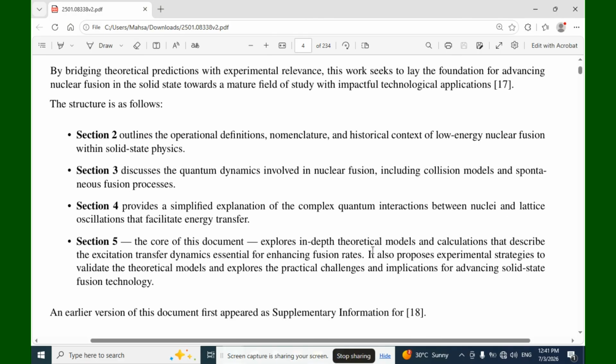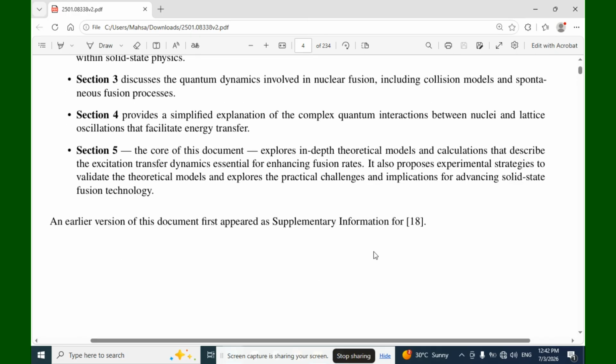The structure is as follows. Section 2 outlines the operational definitions, nomenclature, and historical context of low energy nuclear fusion in solid state physics. Section 3 discusses the quantum dynamics involved in nuclear fusion, including collision models and spontaneous fusion processes. Section 4 provides a simplified explanation of the complex quantum interactions between nuclear and lattice oscillations that facilitate energy transfer.